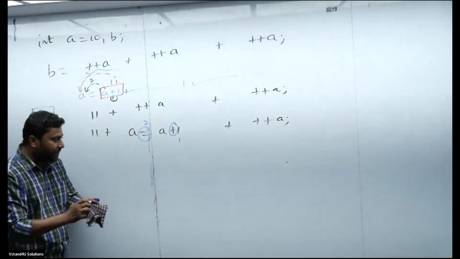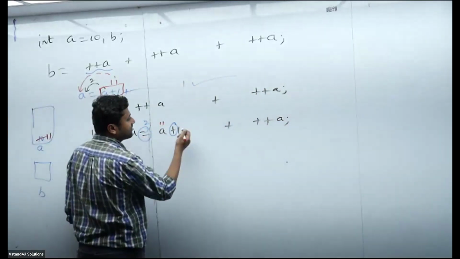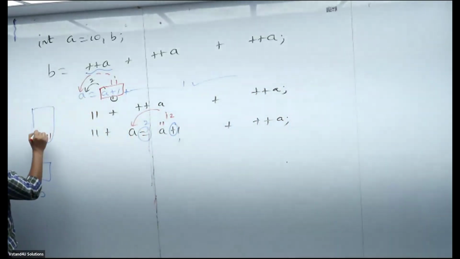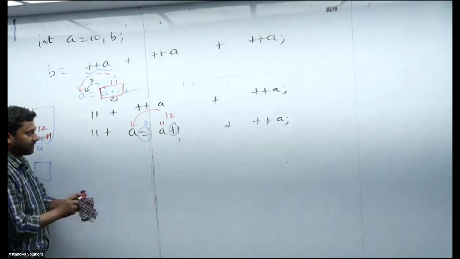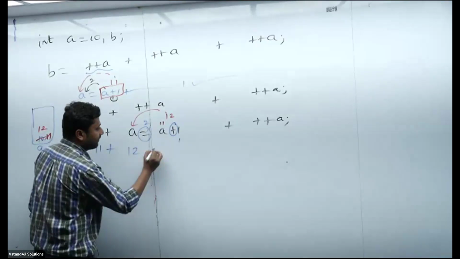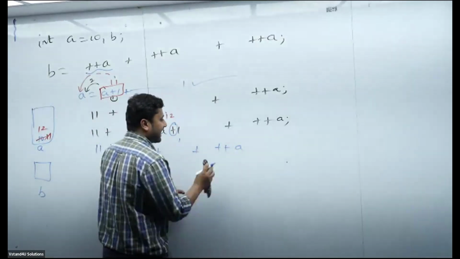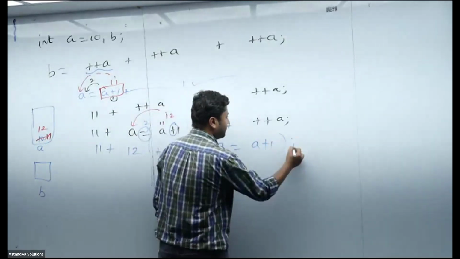A's current value is 11 plus 1. This 12 is assigned to A. So A became 12. So now this entire expression has become 11 plus 12 plus ++A. This ++A actually became A equal to A plus 1. This is clear. Okay, sir.